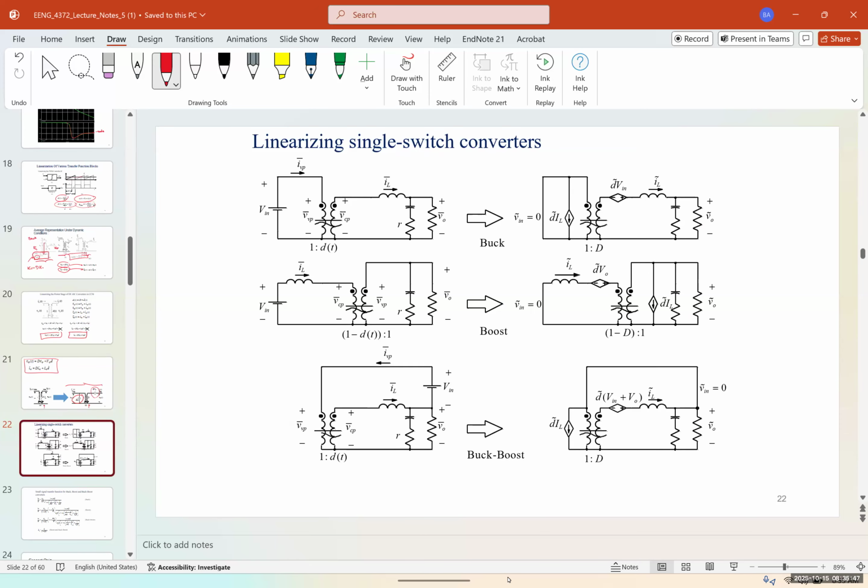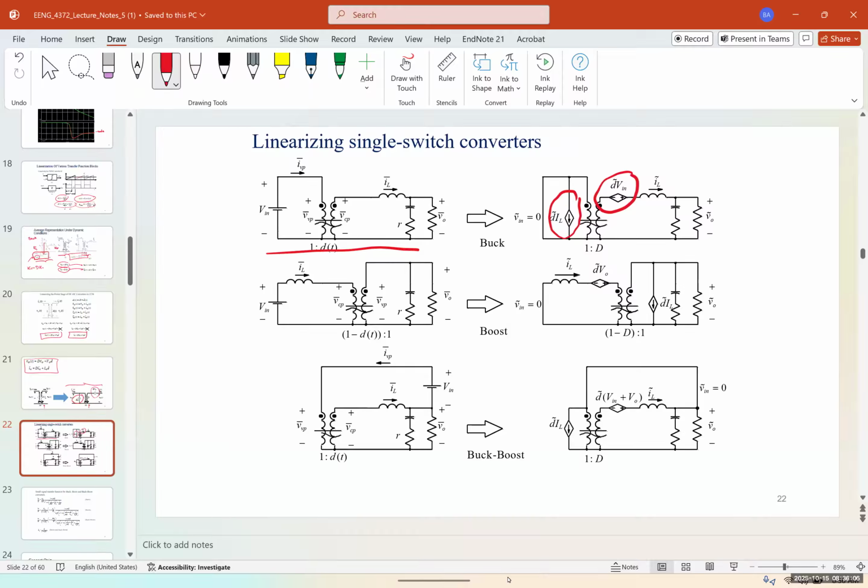Now, these are some examples of linearizing single switch converters. The upper one is a buck converter that we already have, and we can see that we added the dependent current source and dependent voltage source in the input and the output.